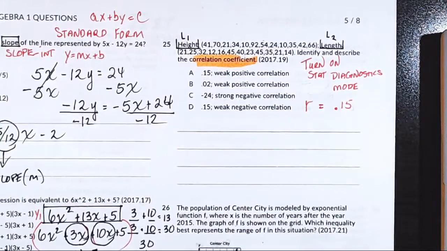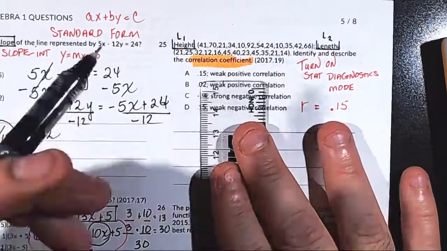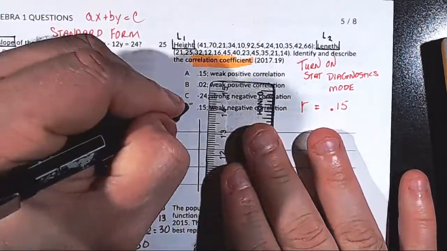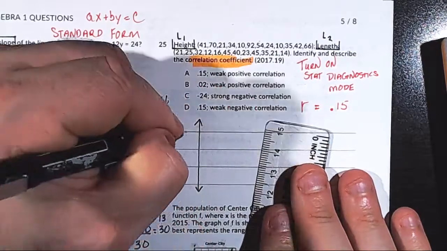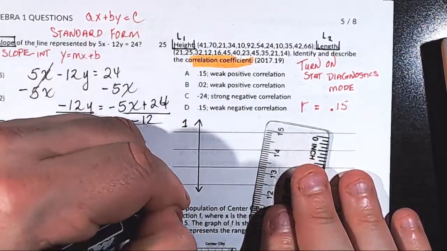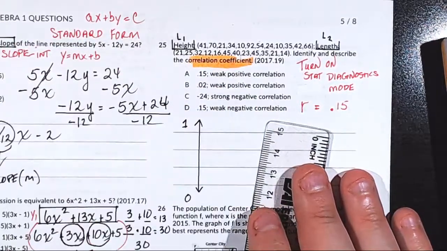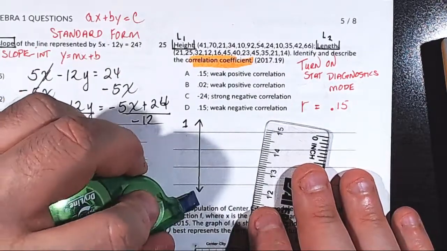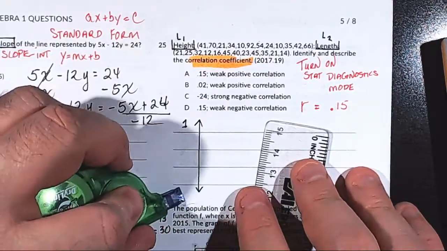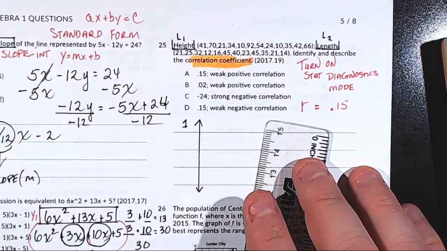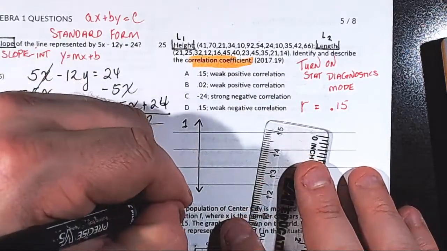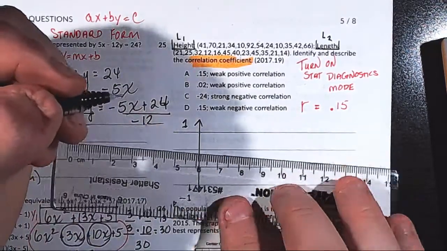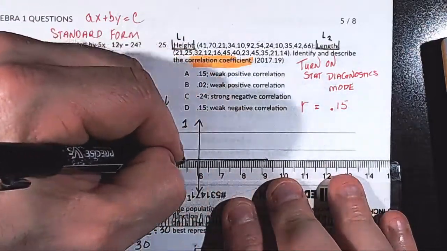So our correlation coefficient diagram looks like this, where the maximum value is positive 1, the minimum value is negative 1, and halfway down, it's 0.